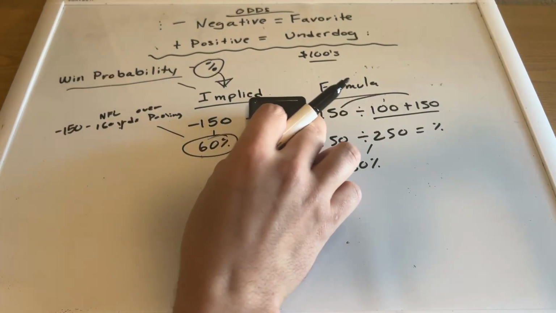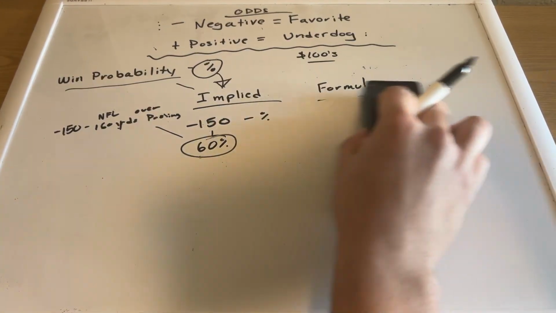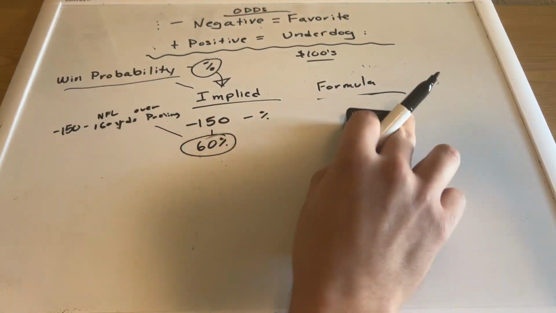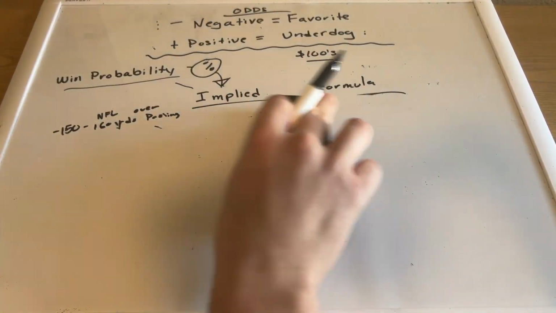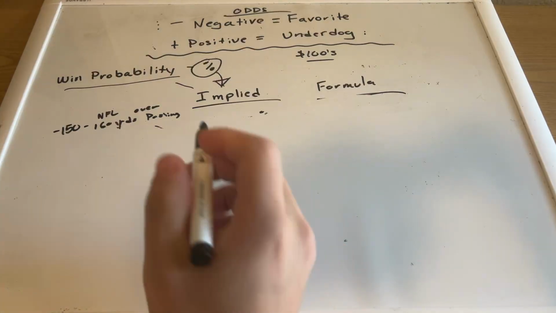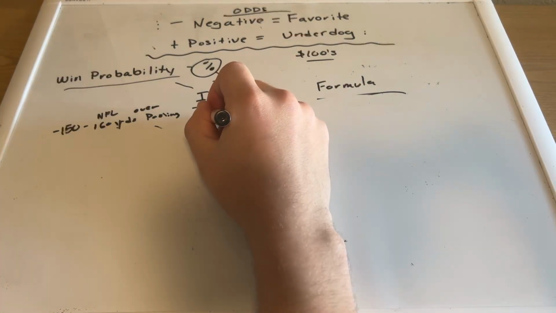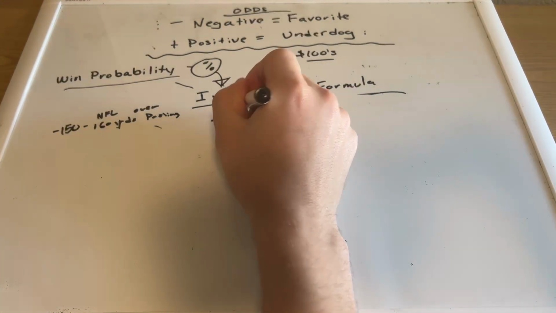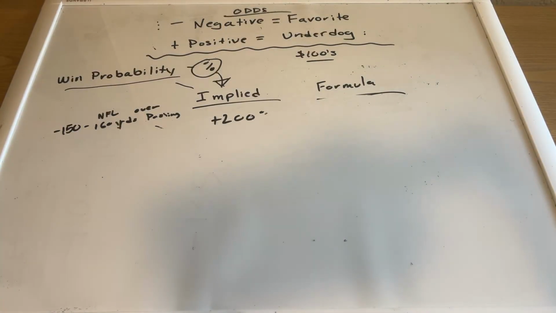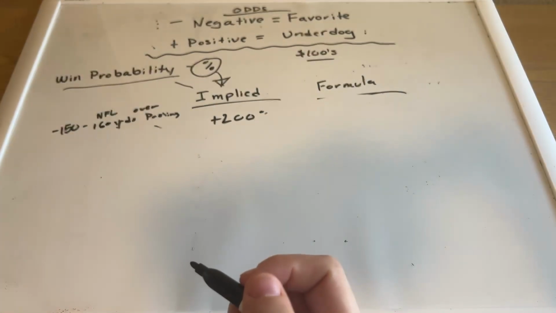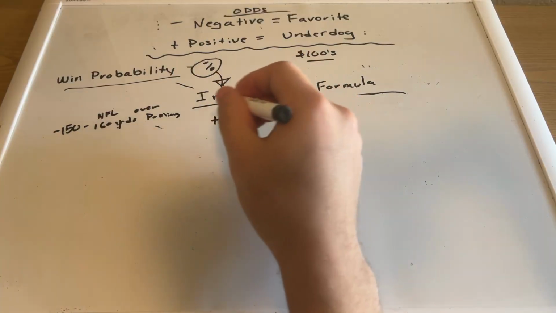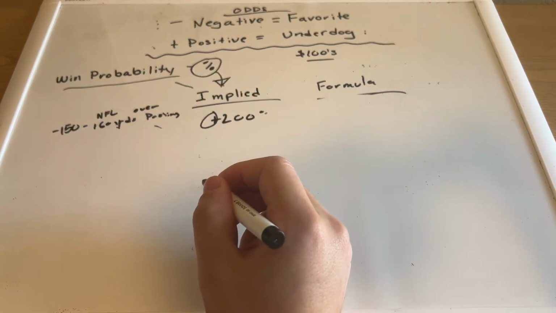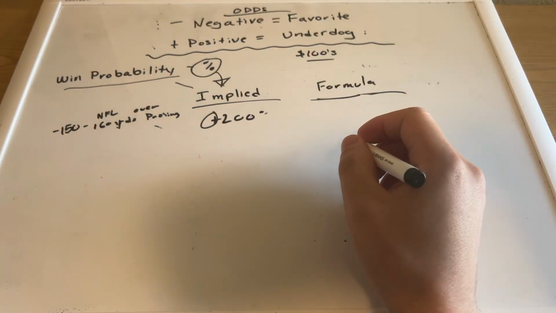Now, for the positive, let's just say that this line is plus 200, right? So it's going to be a little bit different. Since it's a plus, it's going to be opposite.